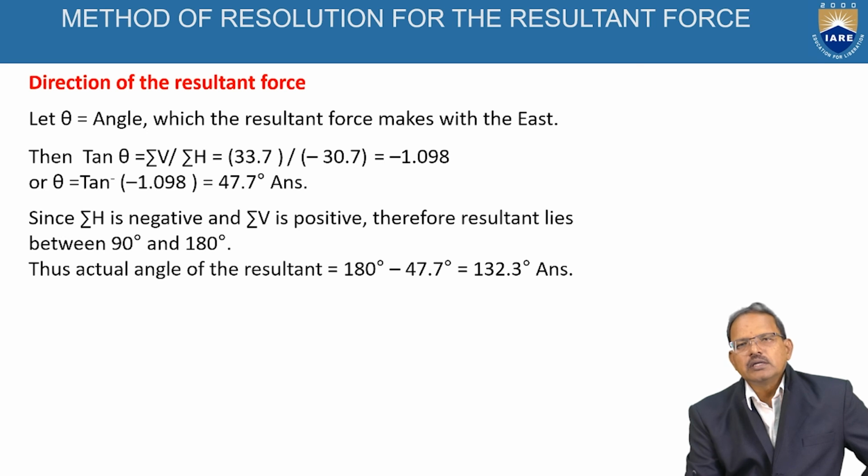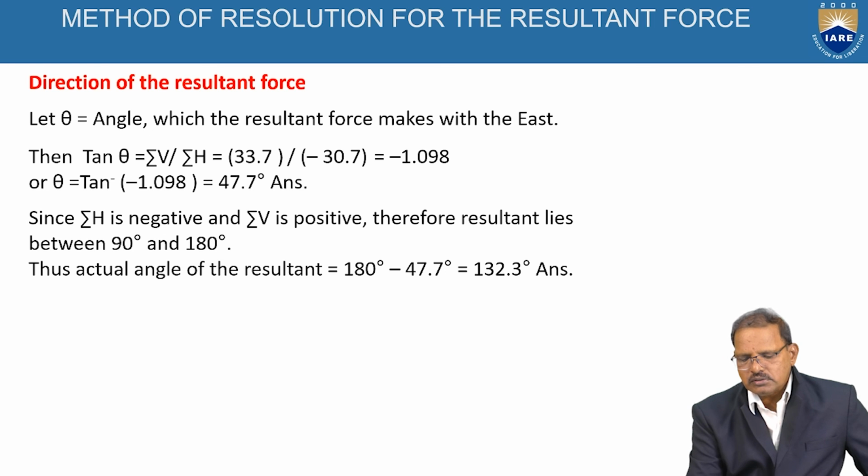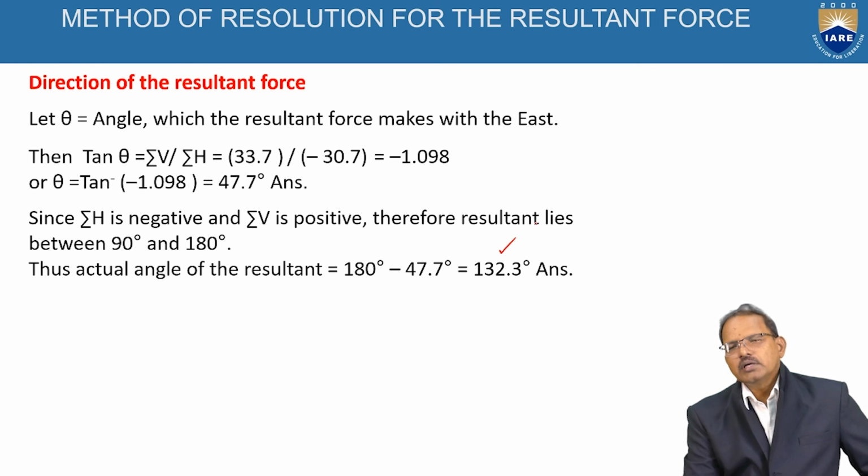Since it lies in the second quadrant, the resultant force always lies between 90 and 180 degrees. So 180 minus 47.7 degrees is equal to 132.3 degrees as shown in the figure.